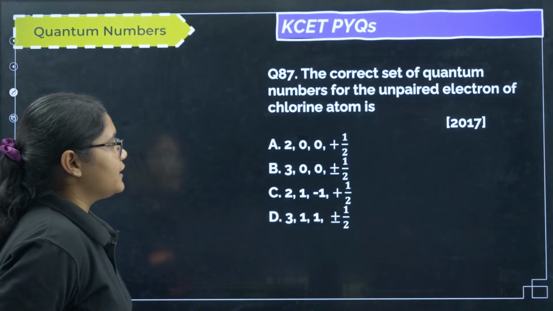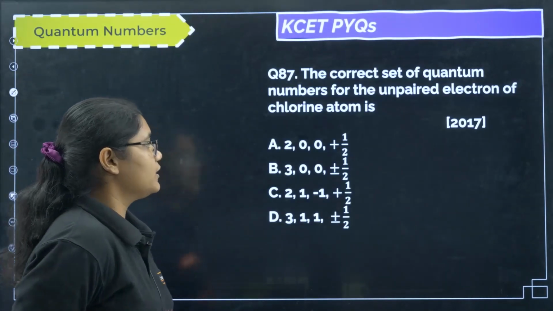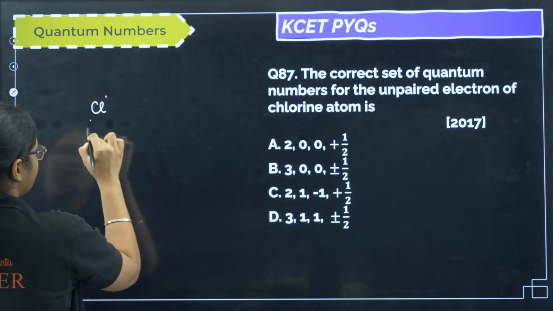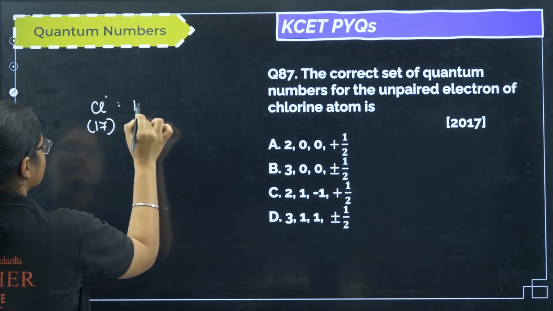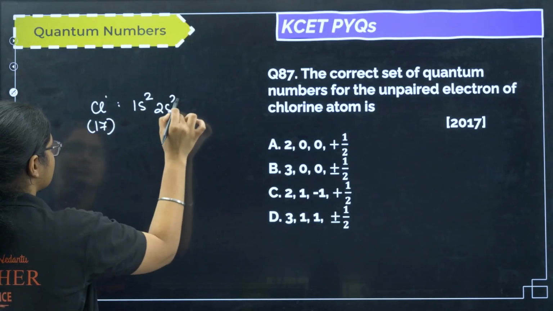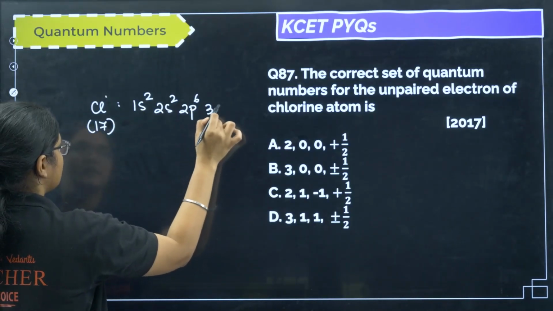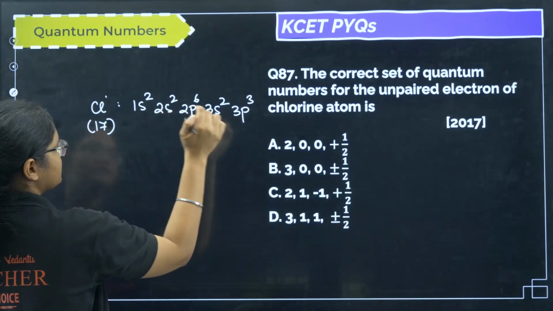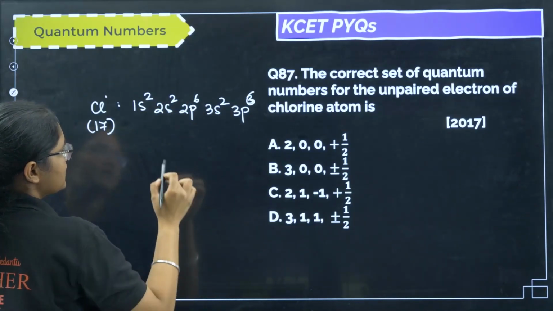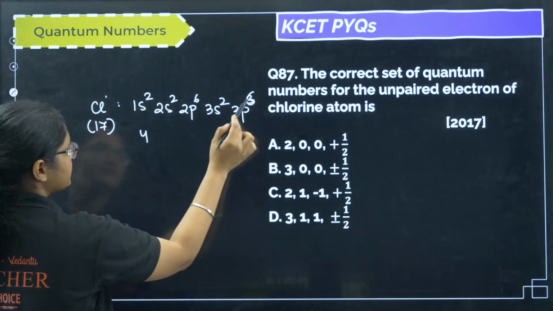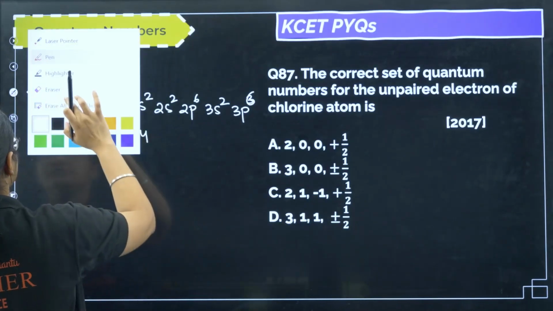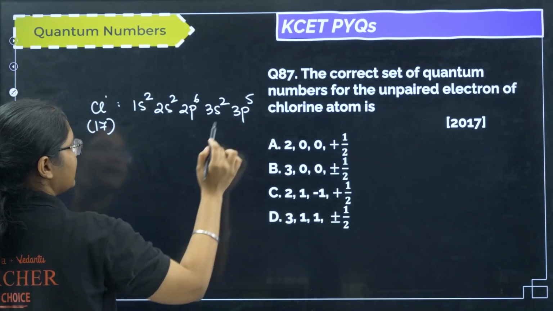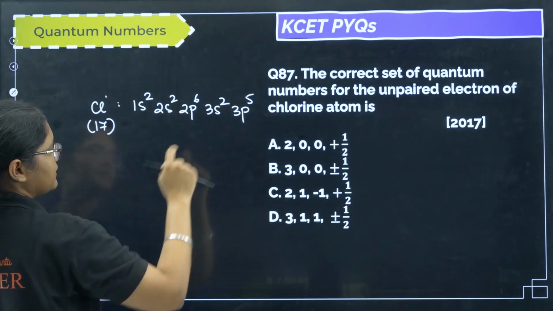The correct set of quantum numbers for the unpaired electron of chlorine atom. So if you see chlorine atom, what's the electronic configuration? Atomic number is 17. So it is 1s2, 2s2, 2p6, 3s2, 3p5. Let me check: 2, 4, 10, 12, plus 5, 17.